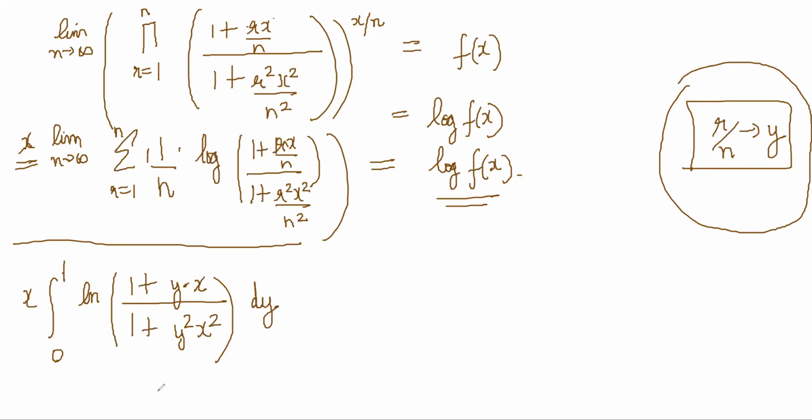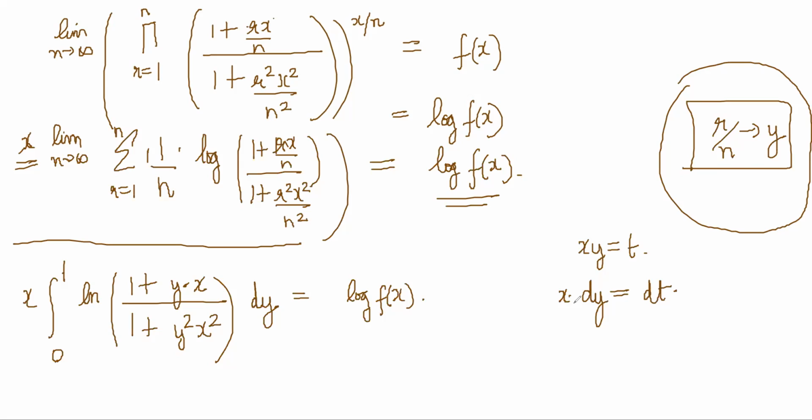Now this integration is equal to log of f(x). How will I do it? I can do a substitution, xy equal to t. Then x dy is equal to dt, because x is not something that I'm touching right now.